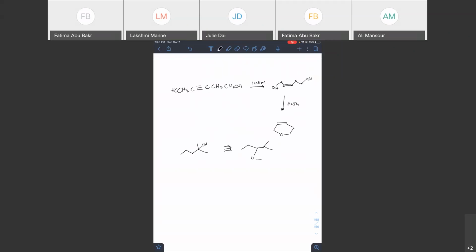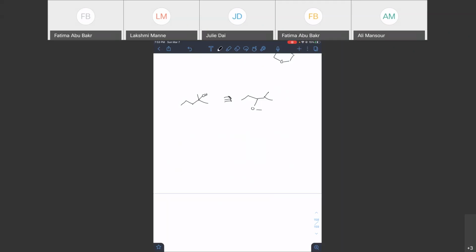The first thing that's going to happen is, so this is a retrosynthesis. Do you guys want to try this one, or should we do it together? Let's give it a try, because this is the last question we'll do today. I'll give you guys 4 minutes because I think this one's going to be a little bit harder to figure out, so please take your time. Try this, and then send me your answer.